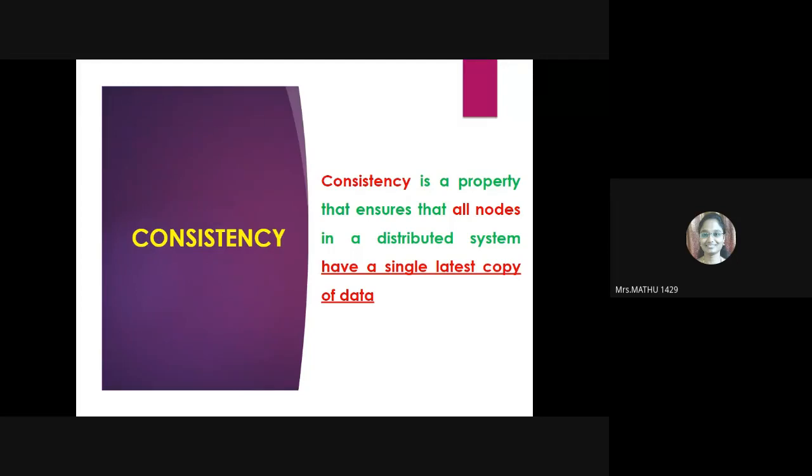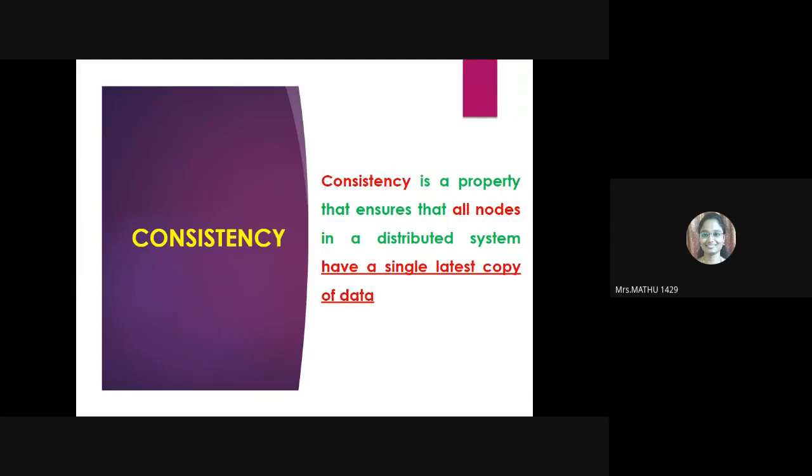But you see how difficult that is. In a network there may be 1,000 nodes or 2,000 nodes, any number of nodes. Once you do a transaction to a node, that has to be replicated in all other nodes in the network, so that there will not be any inconsistency between the nodes.